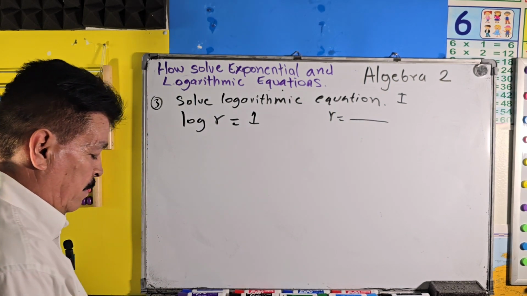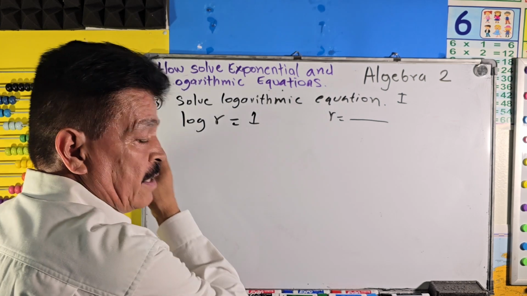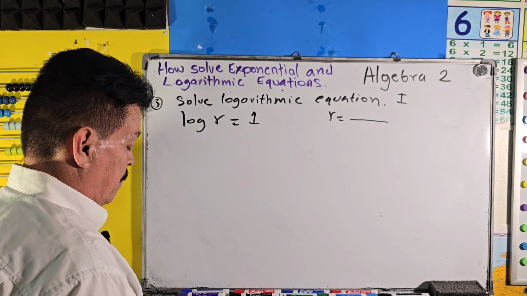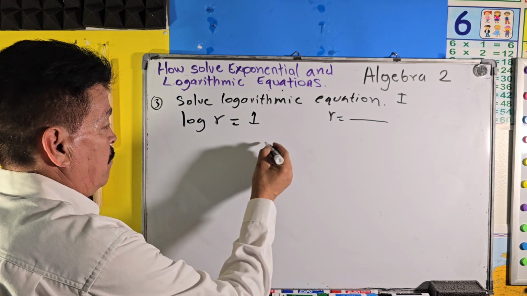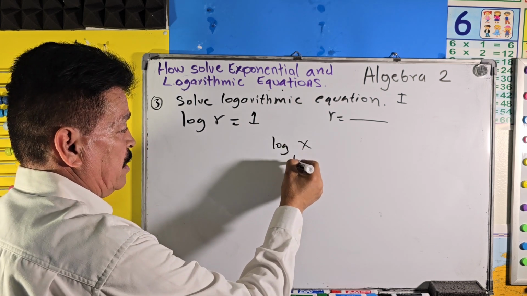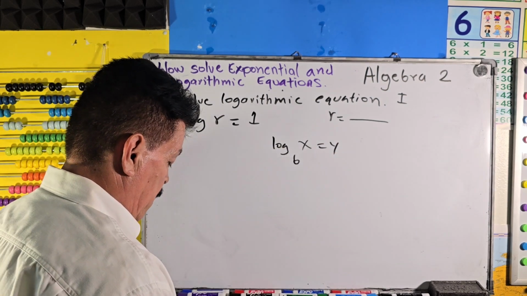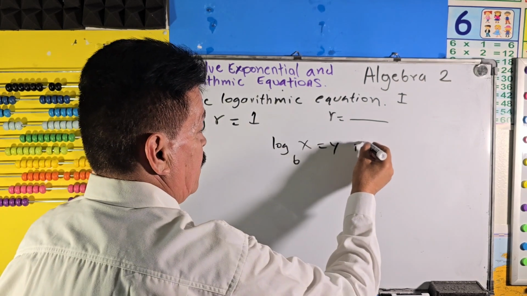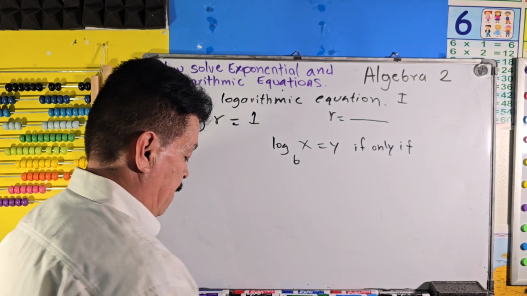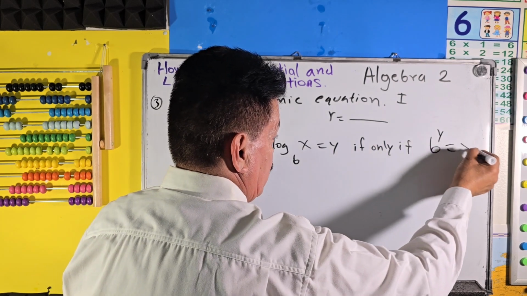Here we have to define the logarithm with base b by this law. I just want to write x to the base b. Remember, I explained it to you: log base b of x equals y if and only if b to the y equals x.